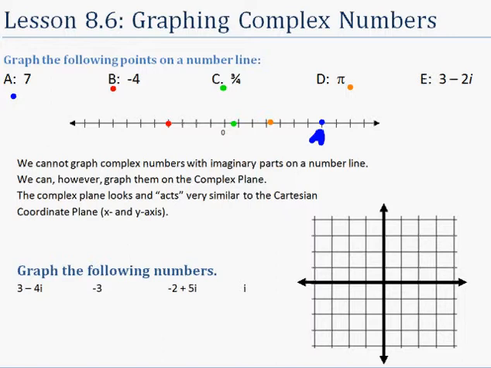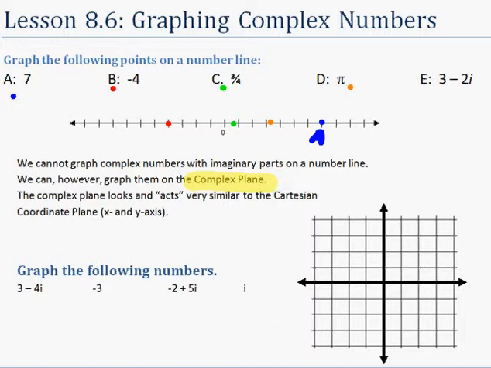We can, however, graph them on a complex plane, and that's what we're going to learn about today. The complex plane looks and acts very similar to the Cartesian plane. Cartesian, that's just a regular xy plane. We don't say Cartesian a lot, but that's what we have here at the bottom right-hand corner of our screen, a Cartesian plane with an x and y axis. Now, it is not a Cartesian plane. It is the complex plane.